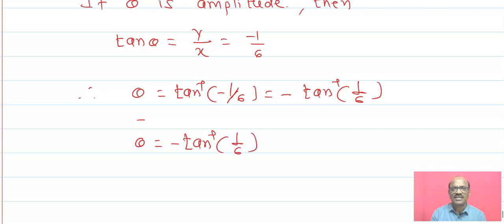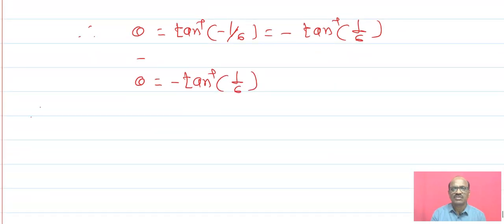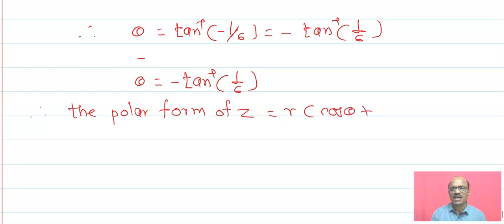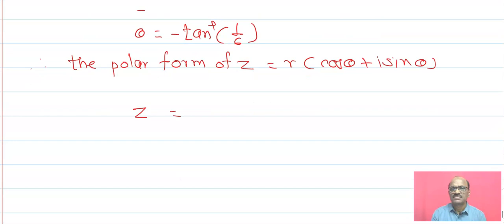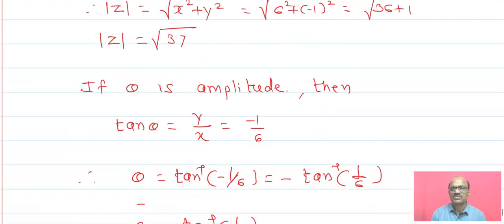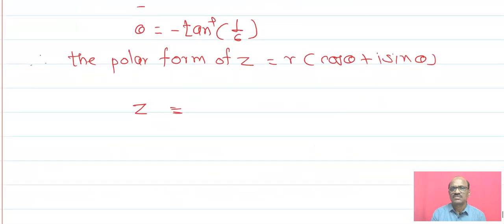Therefore, theta is equal to minus tan inverse of 1 upon 6. Therefore, the polar form of z is equal to r (cos theta plus i sin theta). z is equal to root of 37 (cos theta plus i sin theta).